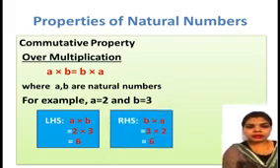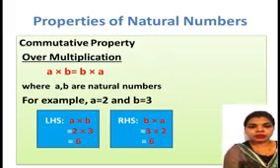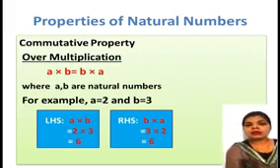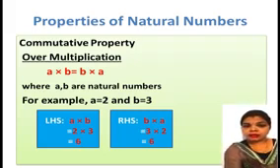In RHS we will have b into a, which is equal to 3 into 2, which equals 6. Here we can see that LHS and RHS both are equal. So commutative property over multiplication is correct. It is valid for natural numbers.